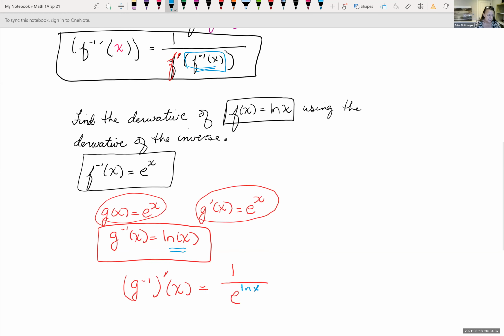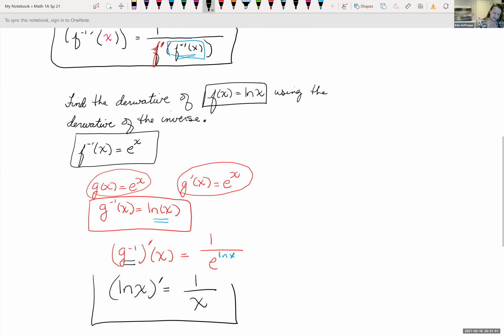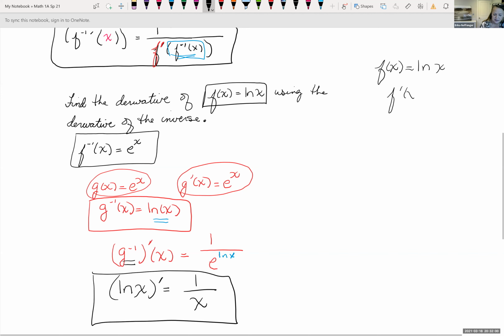And so here we say that the derivative of our inverse function, which is natural log of x, that derivative is equal to 1 over x, which we saw yesterday. So f of x equals natural log of x. We saw that the derivative of that is equal to 1 over x. So it's just another way of proving what we had done yesterday.